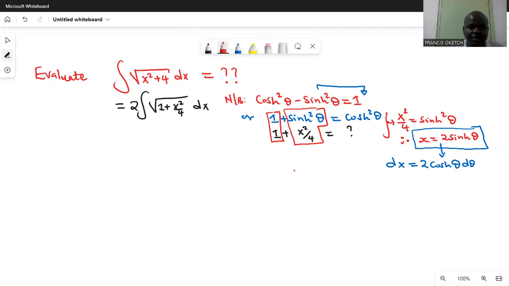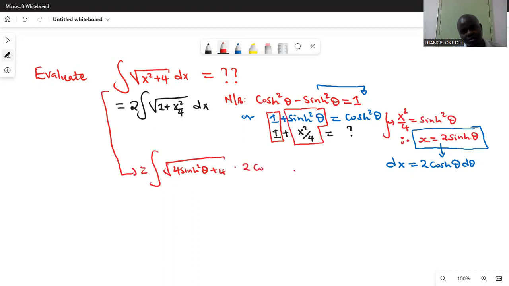So this given integral can now be written as the integral of the square root of x squared, that is now 4 sine hyperbolic squared theta plus 4, then dx the same as 2 cos hyperbolic of theta d theta.